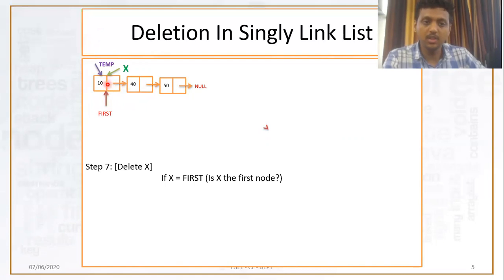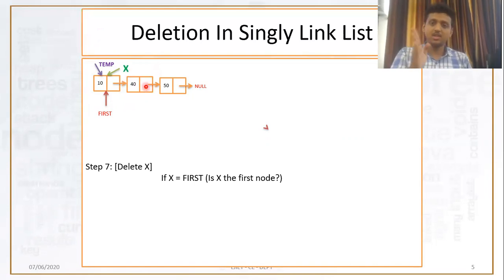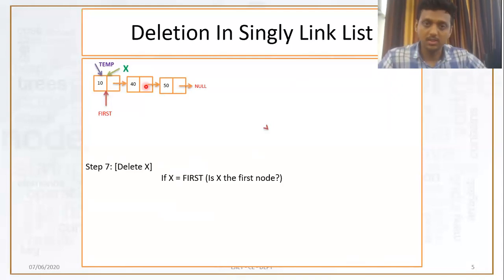If this node is known as first, then according to the rule of assignment, the next node becomes link of first. If this node is 10, the first node, then 40 becomes link of first.